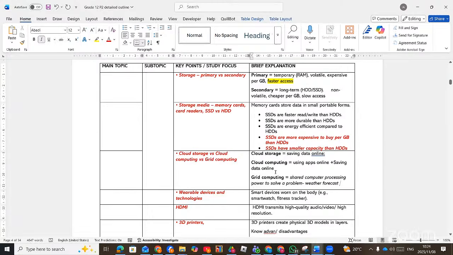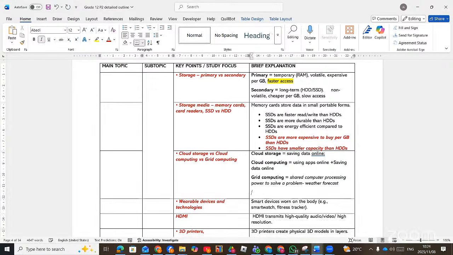You need to know these three, and then the advantages and disadvantages. Remember they are using internet connectivity, so they need a faster internet connectivity. That's the limitation, the disadvantages. And you also need to know the risk when we are talking about the disadvantages, security concerns.